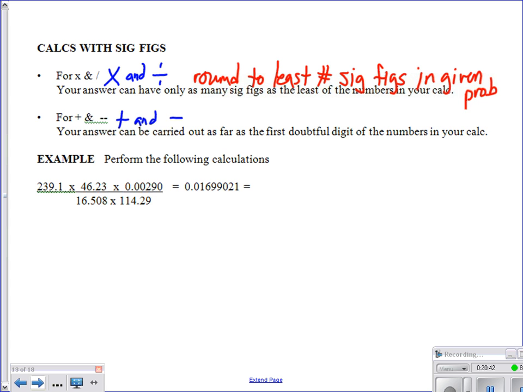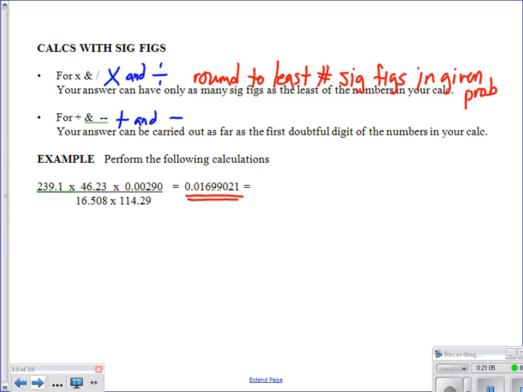So if I were to start this off, let's look at that first example that we have. And it's all been plugged in for you. So you have this something times something times something divided by something divided by something. And you plug that in, and your calculator spits out this number for you. So that's what's in your calculator. Do you really want to write all that stuff down? Because your calculator is not as smart as you guys are.